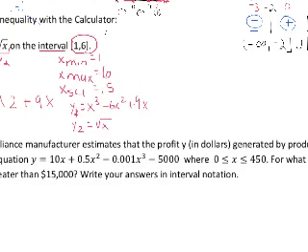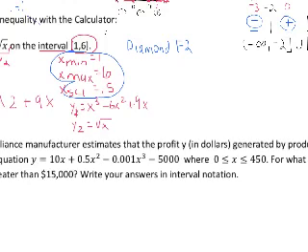Okay, so now hit the diamond key and go to F2, that's your window. And you're going to type in what I have here. X min equals 1, X max equals 6, X scale equals 0.5.